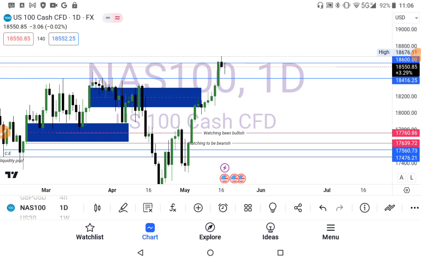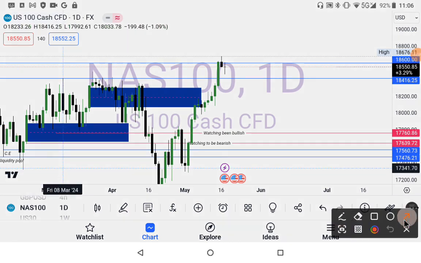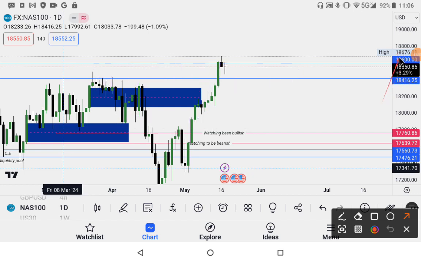So 18,600 has been delivered on NASDAQ. 18,416 has been delivered also on NASDAQ. NASDAQ has given us another all-time highs. 18,416, 18,600 has been delivered.